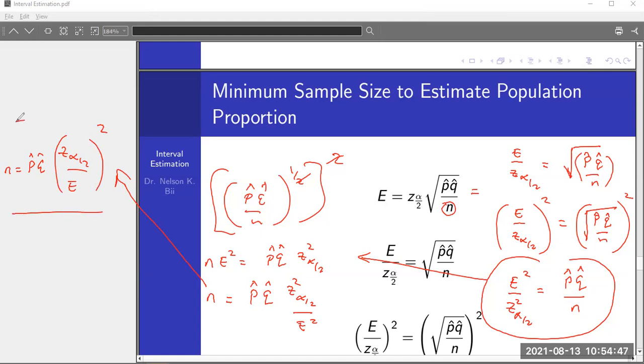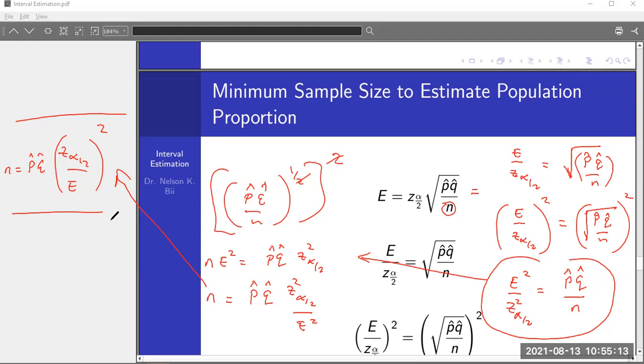This is what we call the minimum sample size required to estimate a certain population proportion. Given the values of P and Q, the level of confidence or level of significance alpha, and the amount of the error, you can easily estimate the minimum sample size.